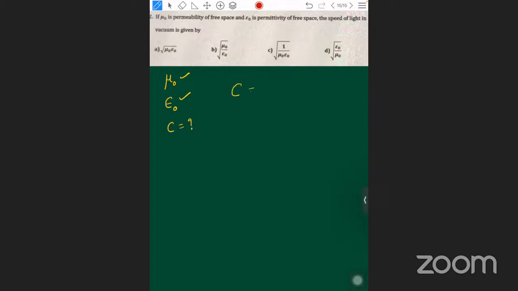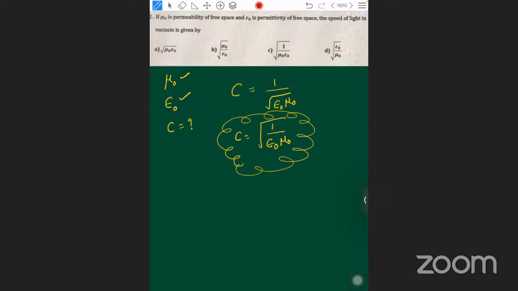You know that the speed of light in vacuum is given by 1 divided by root of epsilon naught into mu naught. So what is the speed of light in air or vacuum medium? It is 1 divided by root of epsilon naught into mu naught. So option C is the right answer.